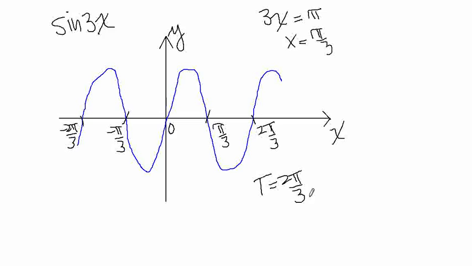Okay? In general, you will notice, and I invite you to investigate further, that if you graph the sine of kx for some number k, the period will turn out to be 2 pi over k.